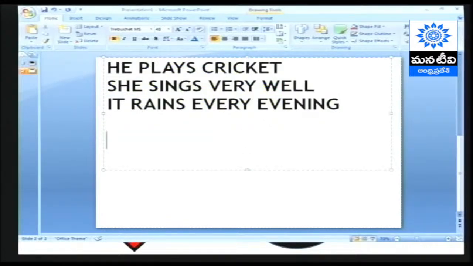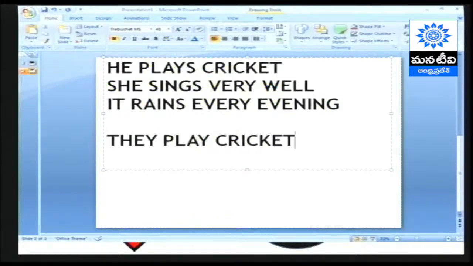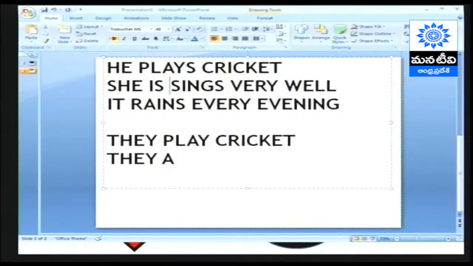Now if I have to use a plural subject: they play cricket. Or, for example, she is singing very well.